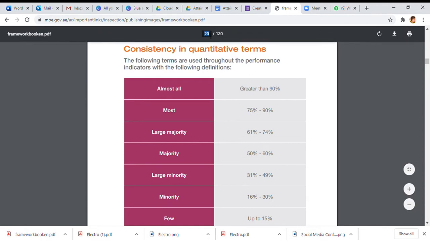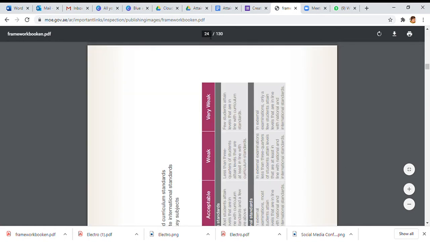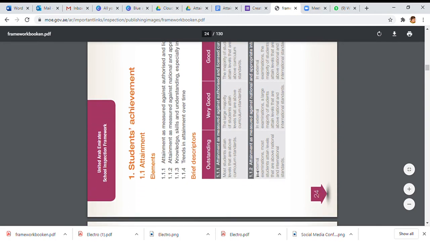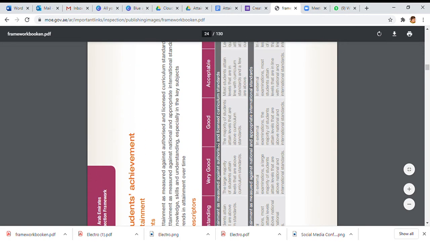I'm going to show you page 24, but on my screen it is turned to the side. Page 24 is when we start talking about attainment, and it gives strong descriptors on what a good looks like versus acceptable. Once again, here's your word, good. The majority of students attain levels that are above curriculum standards.